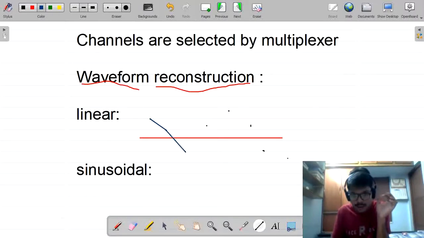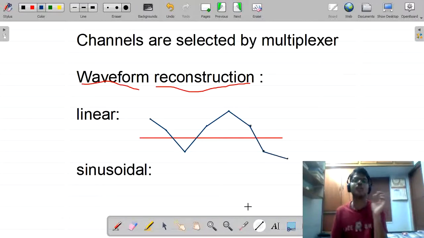This point is joined linearly, and this point is joined linearly. In this process, if our signal is joined, it is called linear reconstruction. Hope you understand. This process is called linear reconstruction.